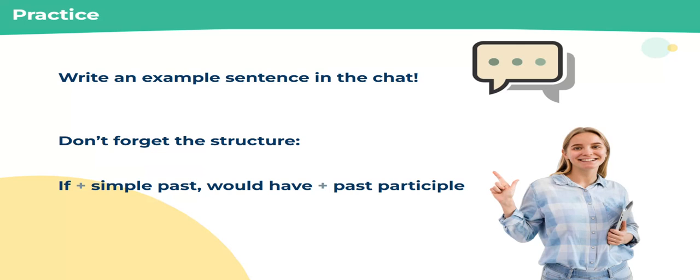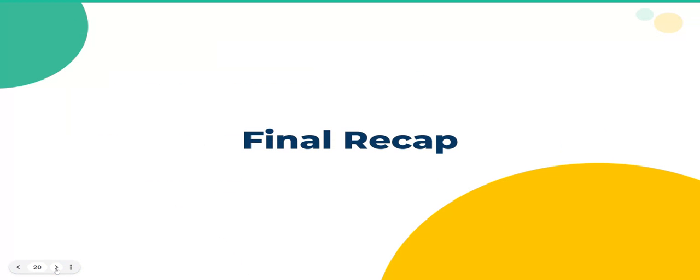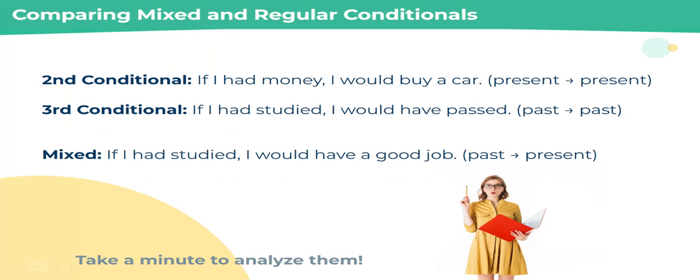Okay, well, we're going to continue. As I say, we've still got some more content to look at within today's conference. Let's think about that final recap. So, comparing mixed and regular conditionals. The second conditional: if I had money, I would buy a car. This is a present to present context.